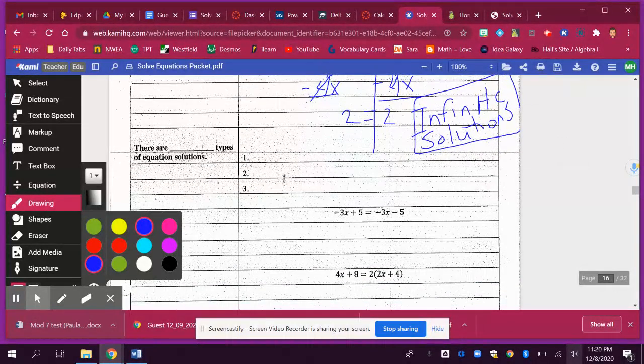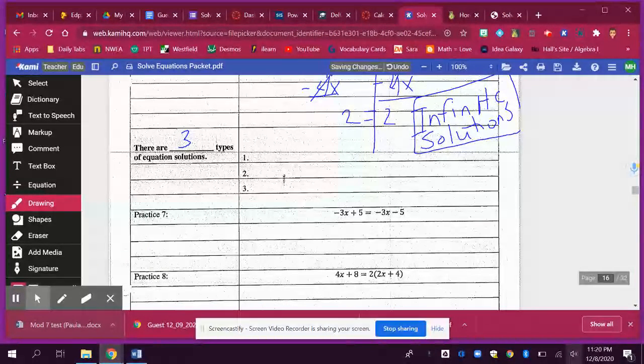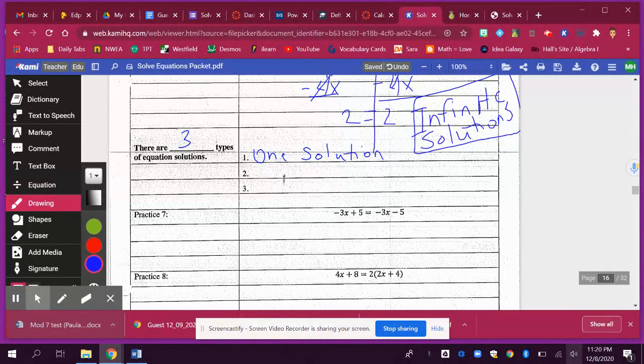All right, so there are three types of equation solutions. We have one solution, which is what we've been working on up until this video. One solution would give you like x equals some number.